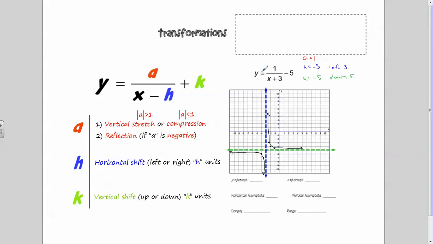So if you plug in 0 for x and solve, you will get the value of your y. So if x is 0 here, we have 1/3 minus 5, and this is going to be written as a point. So our y-intercept is x is 0, y is negative 14 over 3.